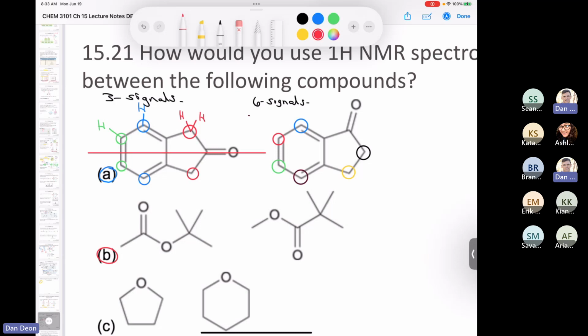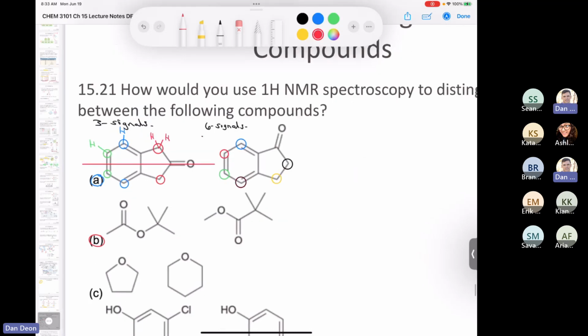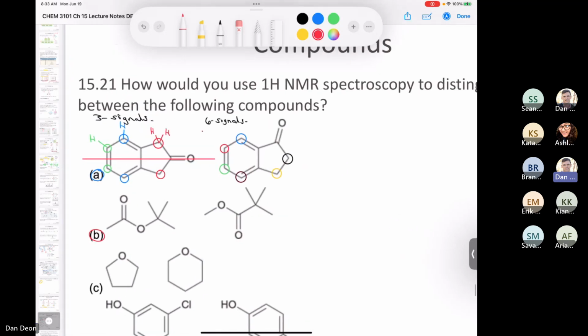Exactly. So they're both esters. Good. Now, if I look at this methyl group on this first ester on the left, what kind of splitting do I see for that methyl? Does it give you a singlet, doublet, triplet, or quartet?